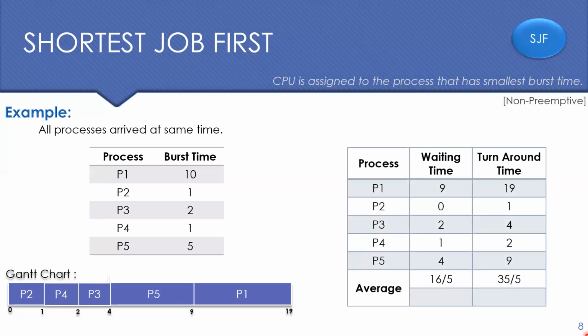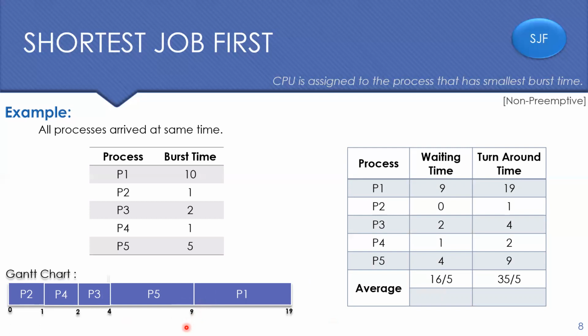As we know, turnaround time is the time from submission of the process to its completion, and waiting time is how much time a process spends in the ready queue waiting for its turn on the CPU. Process P1 completed its execution at 19 milliseconds, so the turnaround time is 19. As you can see in the Gantt chart, process P1 started its execution at 9 milliseconds, so the waiting time of process P1 is 9 milliseconds.